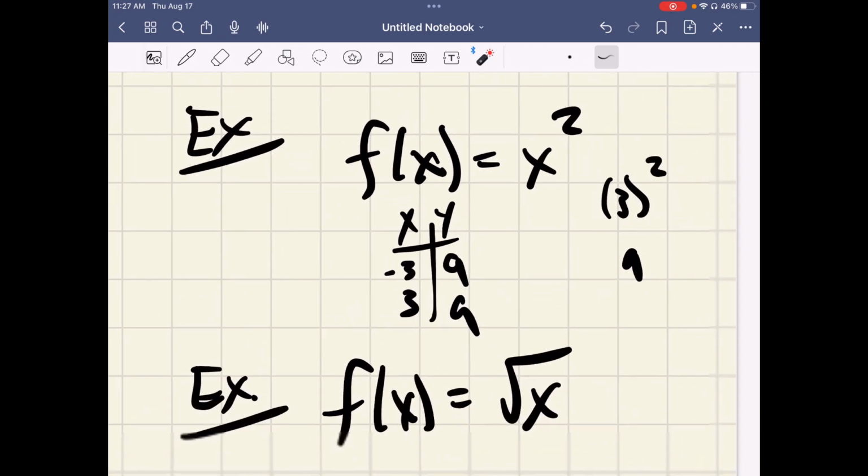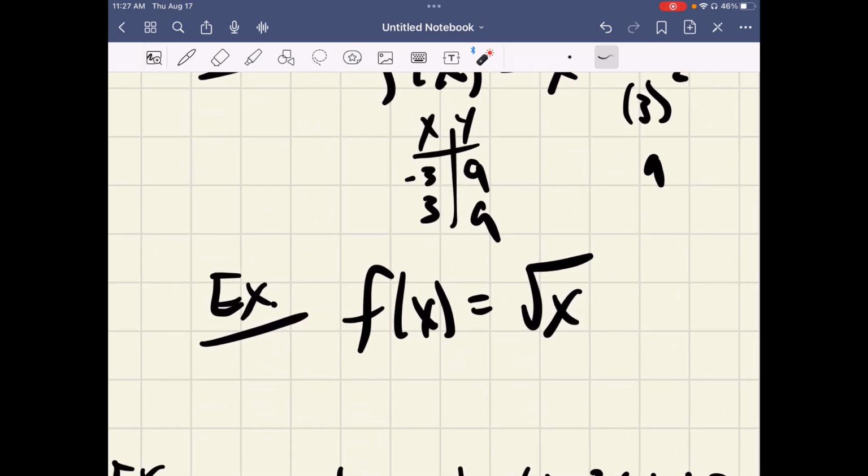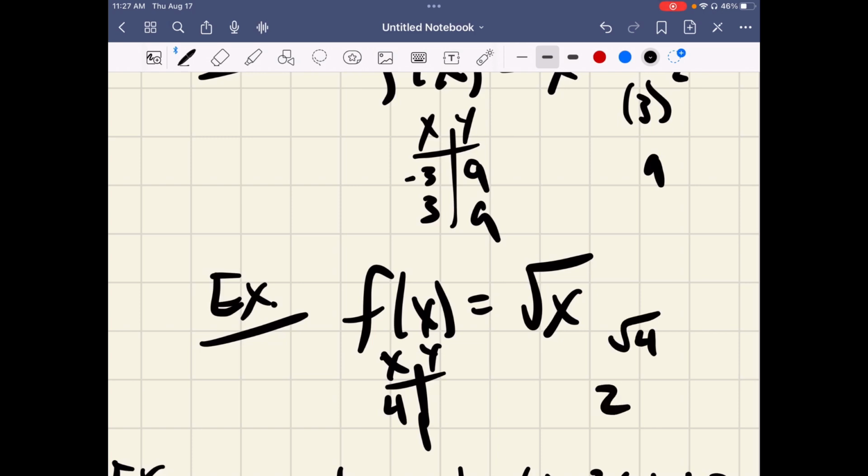Now let me show you what would not be okay for a function. Let's take, for example, the square root of x. If I were to plug in, let's say, x is a 4, the square root of 4 could be 2. That's what most of you are going to think of, but it could also be -2, because what is -2 times -2? That would be a +4.